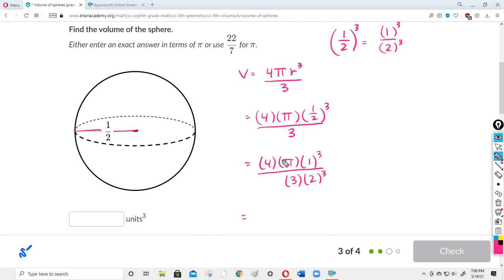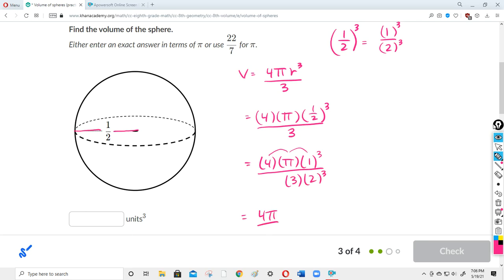So in the numerator, we have 4 times pi. 1 to the third is just 1 times 1 times 1. Okay, so that's just 1. So 4 times 1 is 4. We still have pi. And on the bottom, we have 3 times 2 to the third.